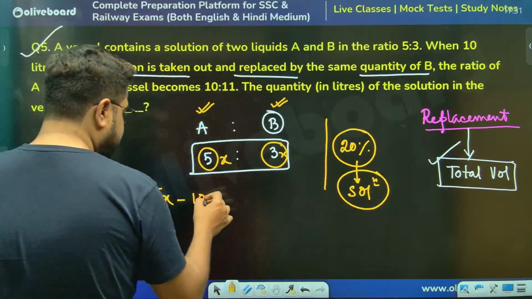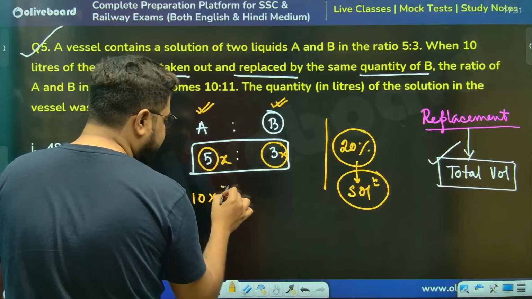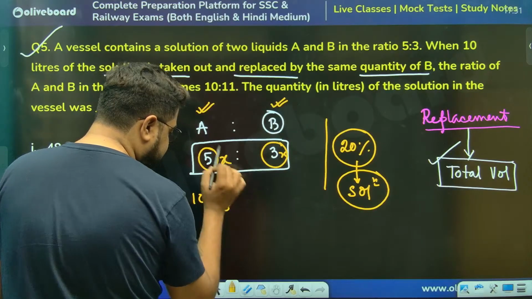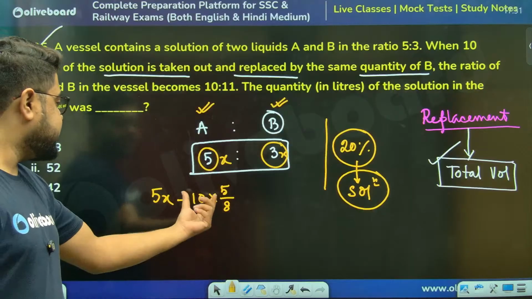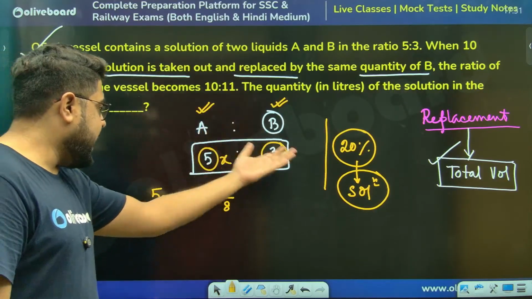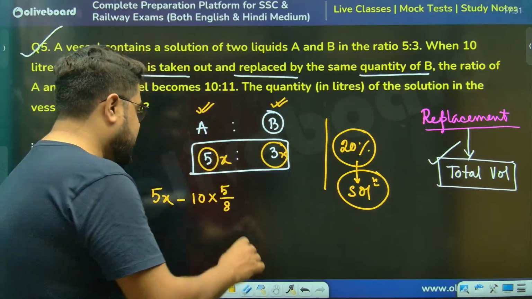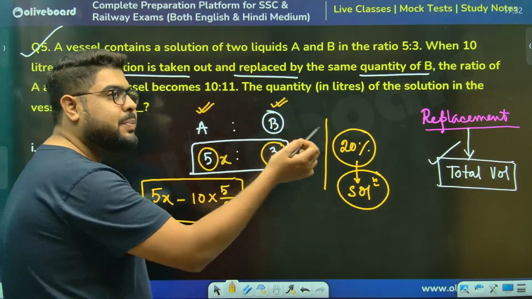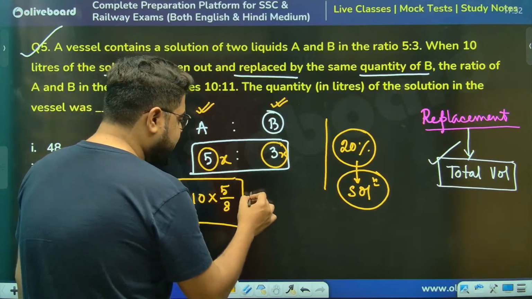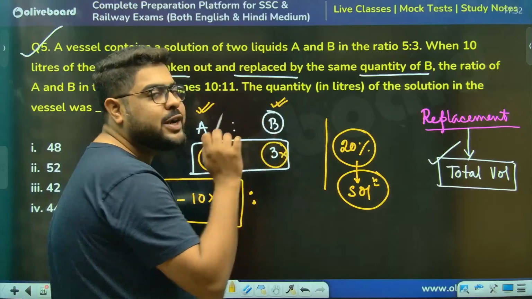In there, how much was A, sir? 5:3 means 5 out of 5 plus 3, 8 parts. This much A I have taken out, so now A in the solution is this. You will say, sir, how much is B? Sir, B you don't need to calculate. Why?